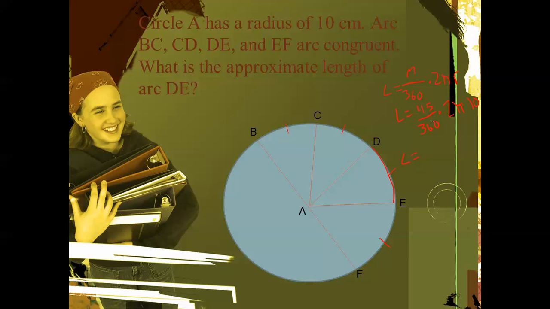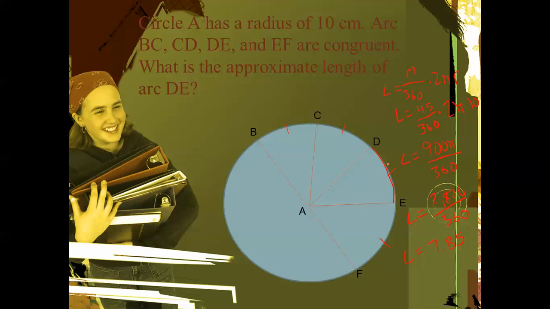Then 20 times 45 is 900, so we have 900 times pi over 360. Now take 900 times 3.14, which is 2,826, and divide that by 360. That gives us 7.85.